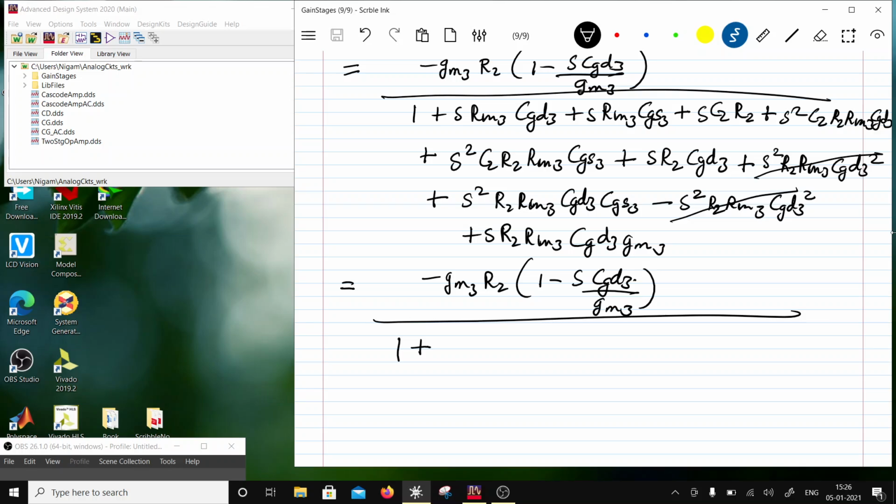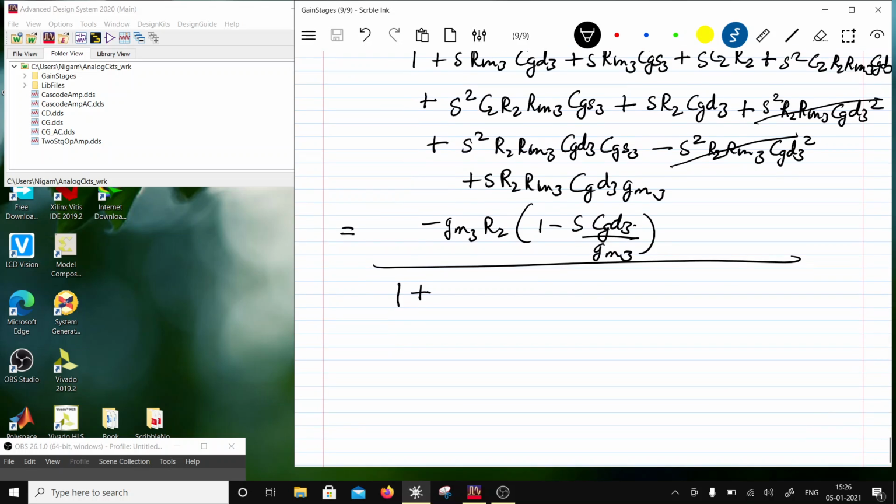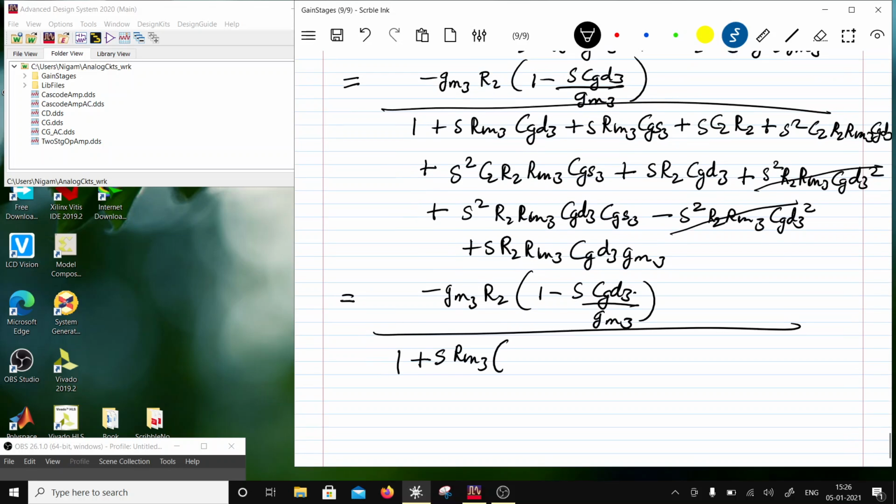There's no C2 term here. There is. Okay, so let's just collect the terms of S Rn3. So let's collect this term.